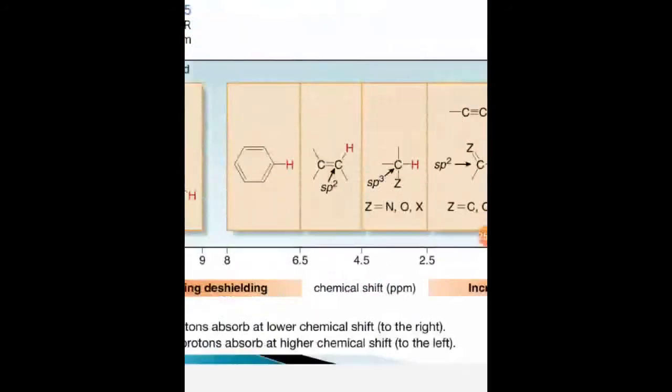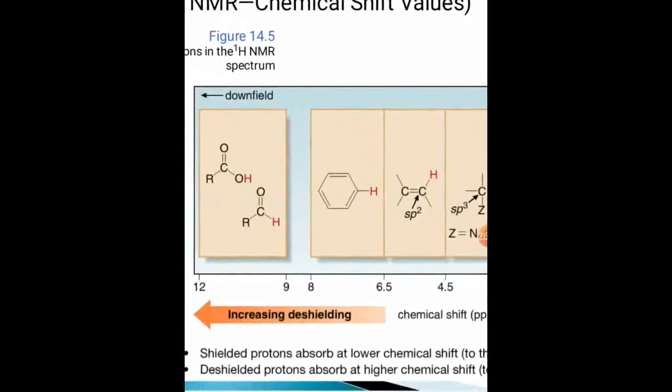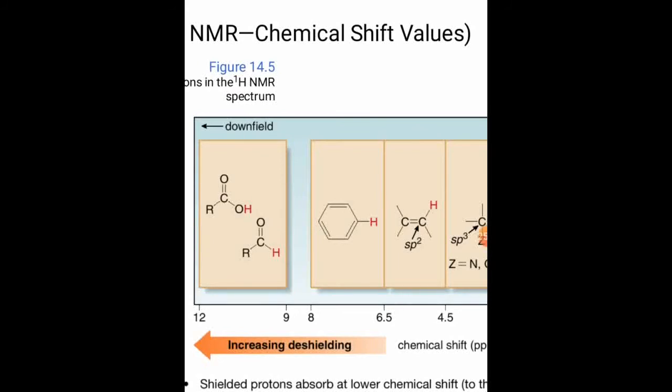Now, in this diagram, see the various regions. The peaks for the aromatic proton appear in the 6.5 to 8 region, and the aldehydic or carboxylic proton appears between 9 and 12.